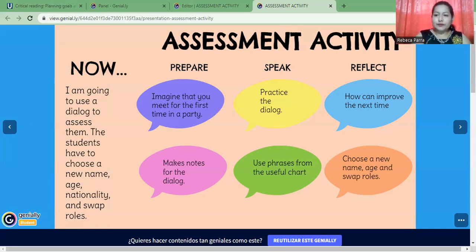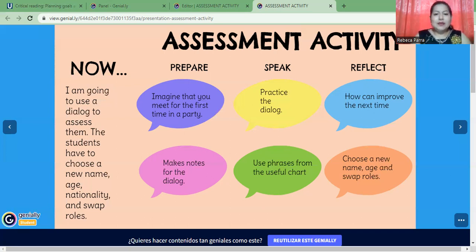In addition, during the class, I provide them a clear example of the introduction. Also, I give them useful expressions to use in an introduction. For this reason, respecting the validity principle, I assess the knowledge of the students based only on the contents that my students have learned and practiced, no more.